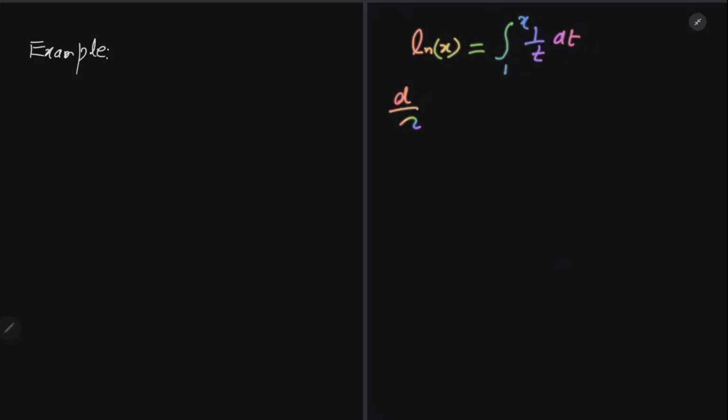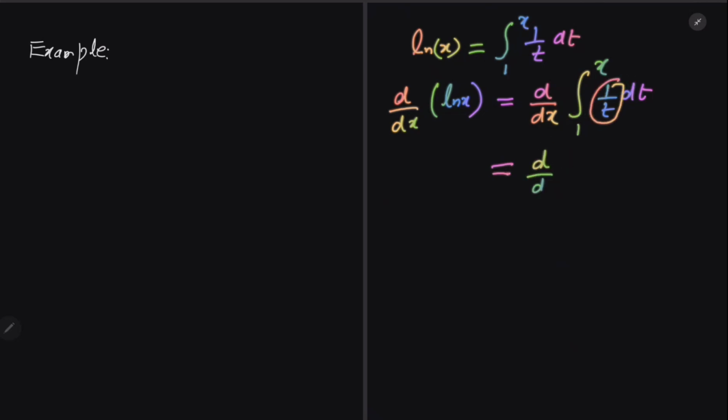When you take the derivative with respect to x of natural log of x, you apply the Leibniz rule over here. The Leibniz rule says that you put the value of x in the integrand, d by dx. So when you put that value over here, then we get 1 over x. That is the derivative of natural log of x.